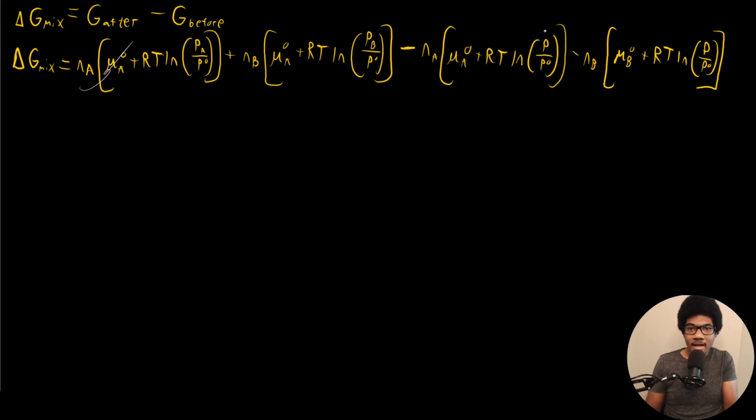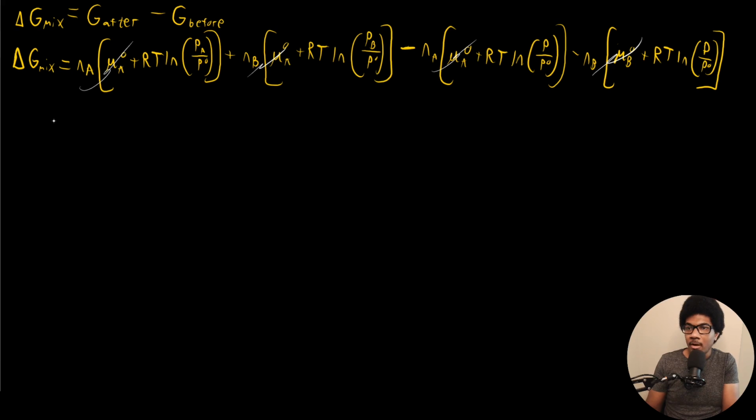This one cancels with this one, because you end up with NA mu A naught minus NA mu A naught. Same thing here, NB mu B naught cancels out with this one. So all of those standard chemical potential terms cancel out.